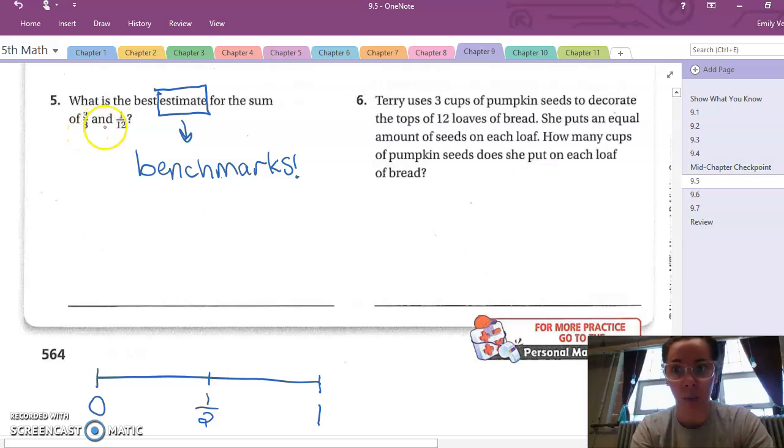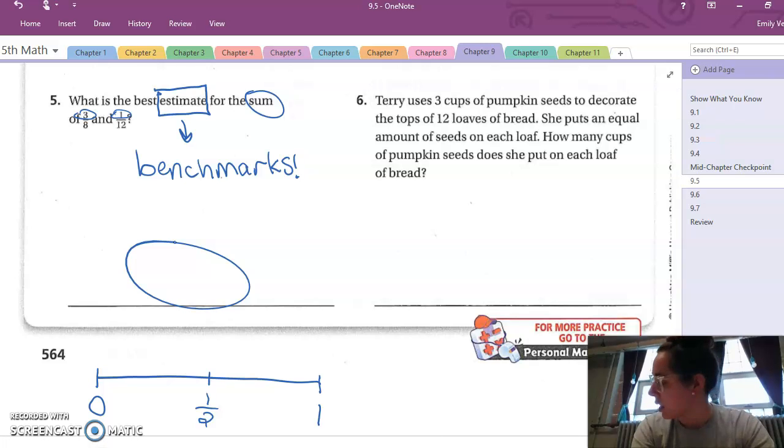And then you take your numbers and you cut this up for each number, and then you put a dot for the numerator, and then whichever one it's closest to, that's what you round these numbers to. So 3/8 will become 0, half, or whole, and 1/12 will become 0, half, or whole. And then this word sum tells you which operation to do, and that's going to help you find your answer. Okay, so be careful on that one.